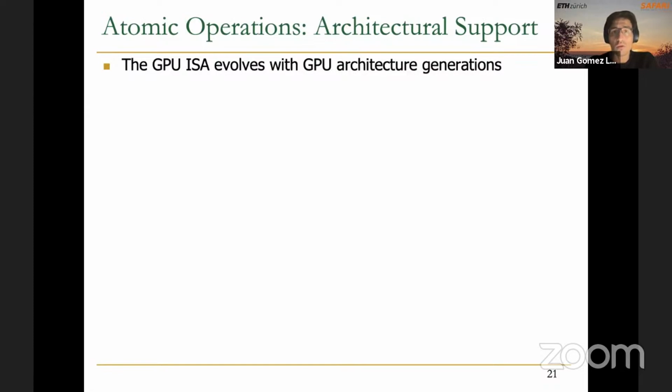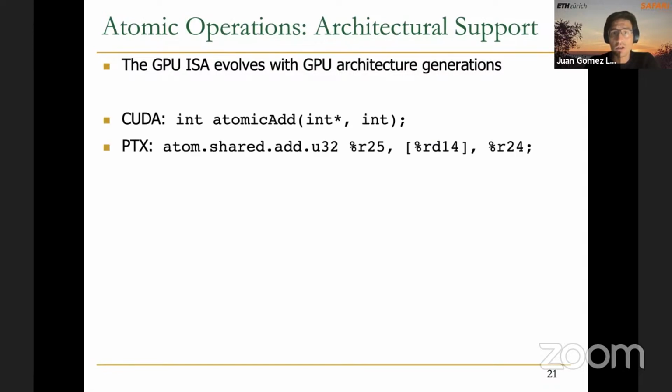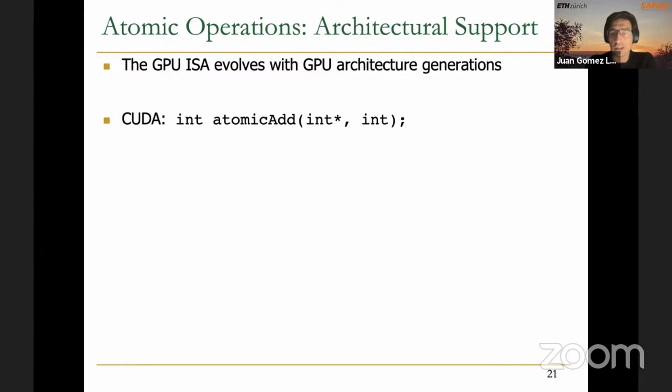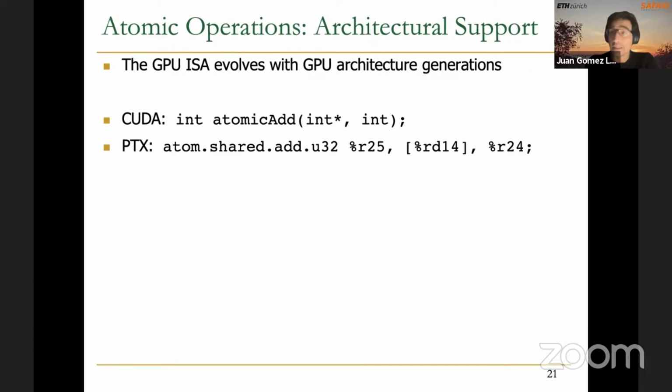But one thing that we know is that the ISA has evolved with the GPU architecture generations. Remember that this is the syntax in the high-level programming language in CUDA. This is the syntax in the intermediate representation called PTX in NVIDIA GPUs. You can clearly see here that this is an atomic operation on shared memory.